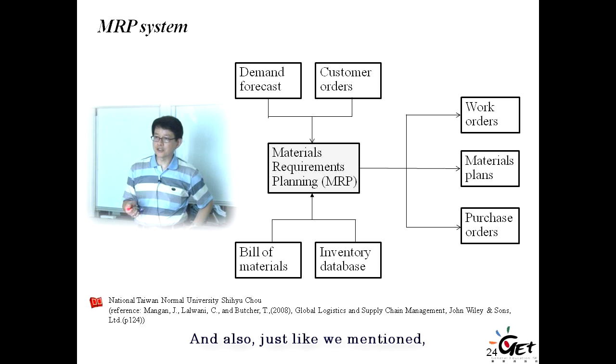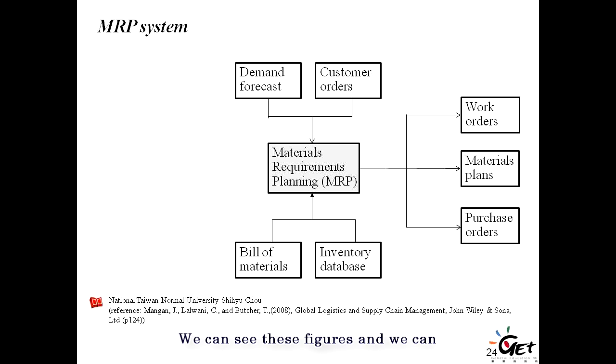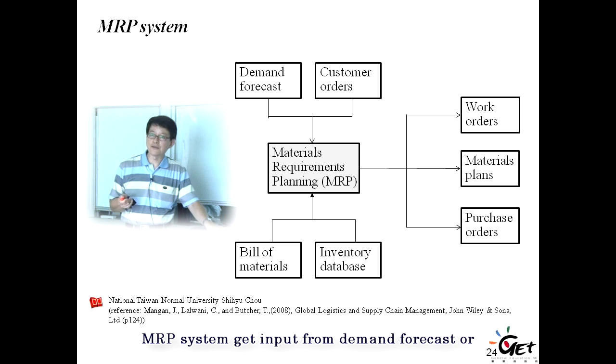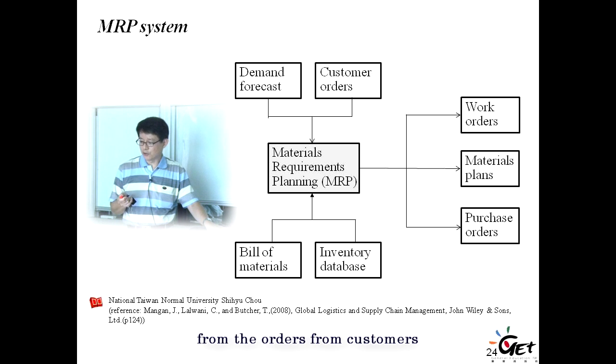And as I just mentioned, it can have purchase order plans and materials usage plans for the parts and components. We can see these in the figures and have a much clearer idea here. The MRP system gets input from demand forecasts or from customer orders, and together they come up with work orders.